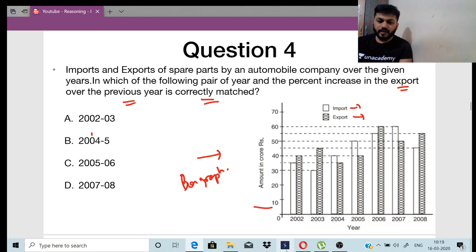Okay, 2 and 3, what is exports? It is 40, and 3 it is 45. So it is 40 and 45.